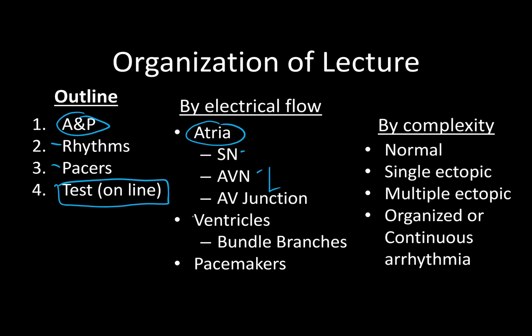And then you've got your ventricles as the next section. We'll focus on the bundle branches within that. And then last but not least is pacemakers. Even within all of this, I'll talk about what's normal for that area. Then we'll dig into what a single ectopic beat may look like, followed by multiple ectopic beats, and how that can actually become organized continuous rhythms, or arrhythmias in the case where it's not natural.